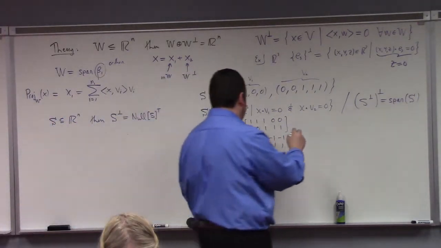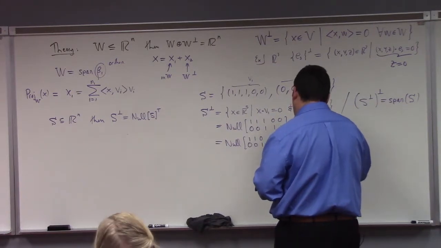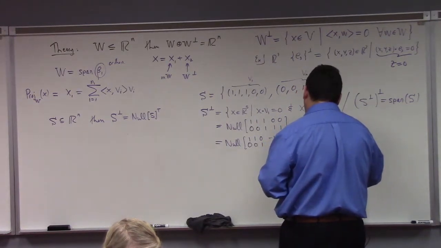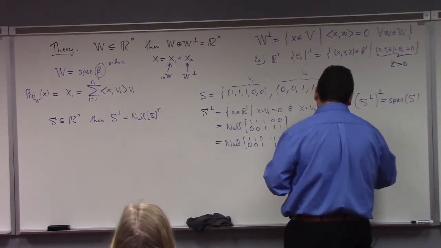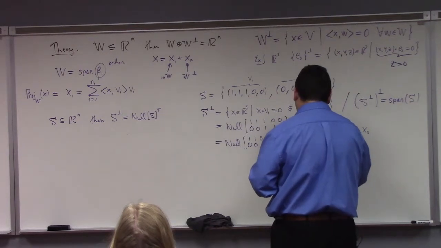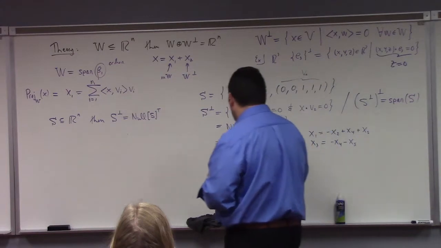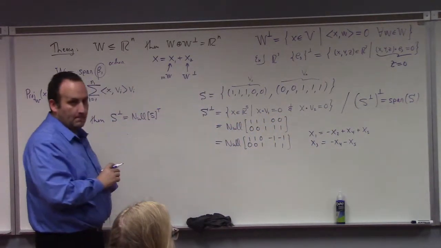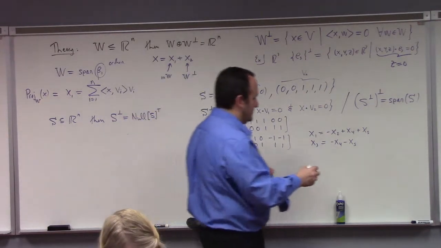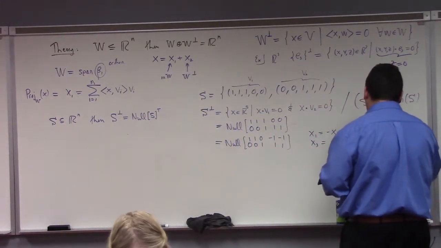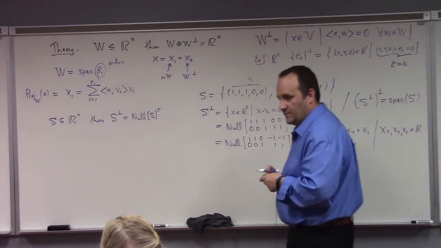So, okay, that means that x1 is equal to minus x2 plus x4 plus x5, and x3 is minus x4 minus x5. And of course, x2, x4, x5 are free.